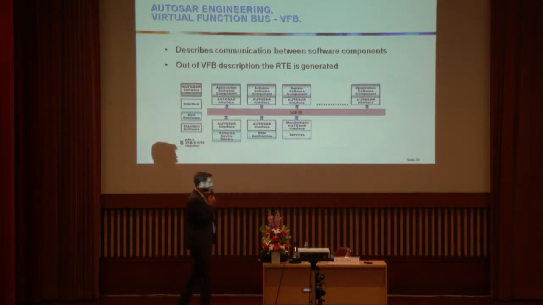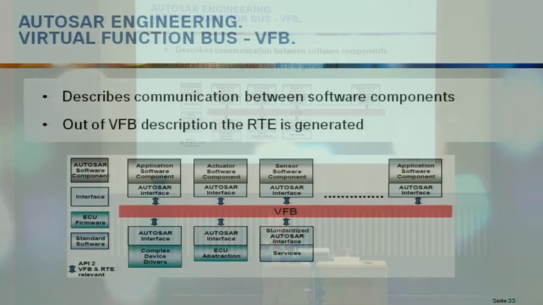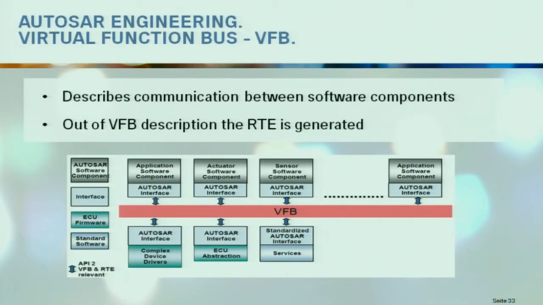Here it is shown in detail. The virtual function bus knows the communication needs of each software component, and you have an interface to the runtime environment or to the virtual function bus.